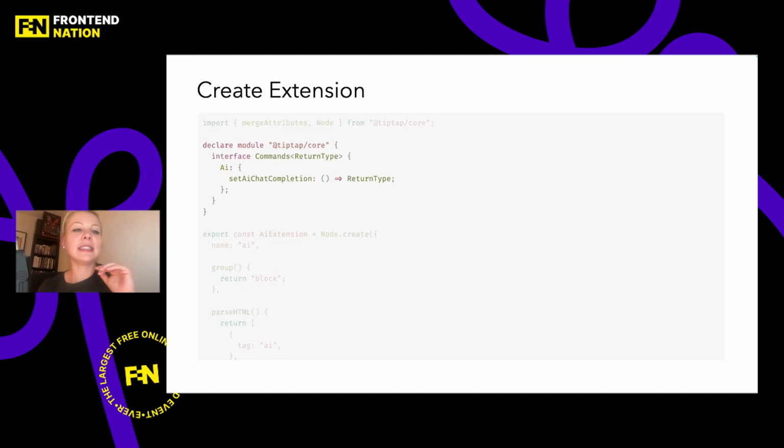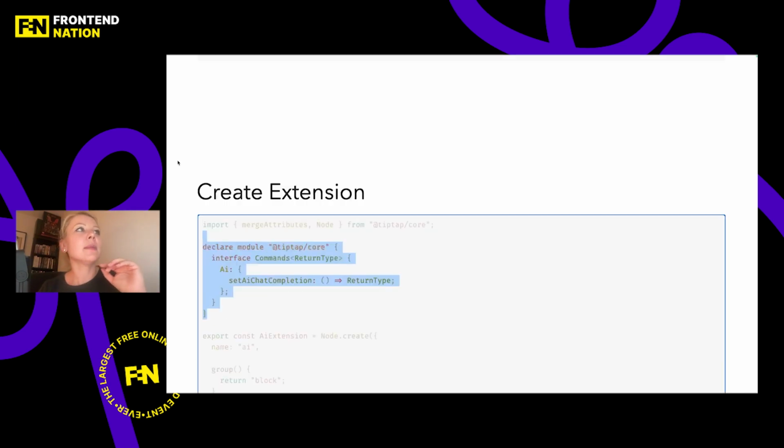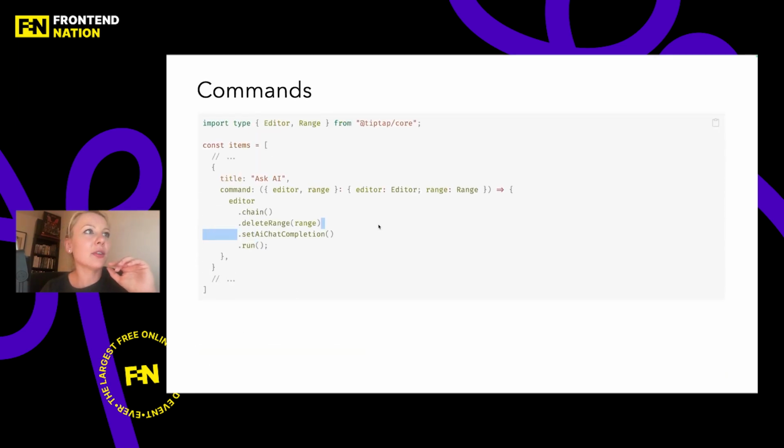If I would delete this piece of code, this would simply mean that I cannot write this one here anymore. As I said before, we are having TypeScript here, so we know what we are doing. And editor.chain.deleteRange and .run, these are Tiptap specific commands. It knows what it's doing here. But setAICompletion is something, what is it?